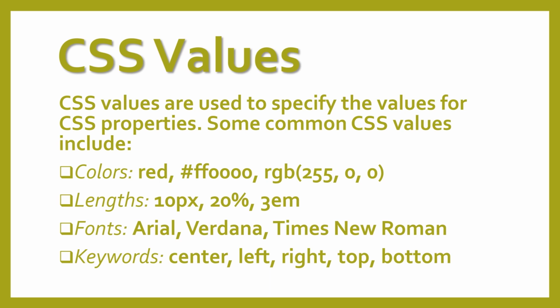Now with colors, there are several ways that you can specify them, and one is the color name. And then we also have HEX. You first type the hash sign, followed by the value of the color.